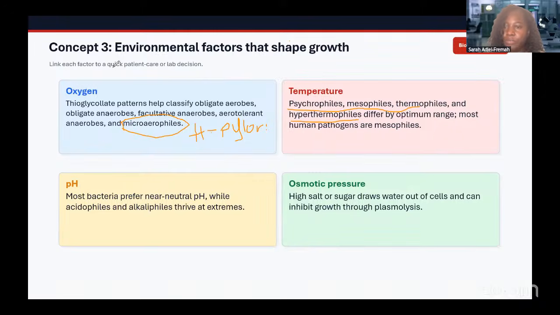Mesophiles. Now, mesophiles means they have to have close to our body temperature range. So another review question: what is the temperature condition range for mesophiles? Because mesophiles are aligning with humans, human pathogens are typically mesophiles. But what would you say would be the exact temperature condition range for mesophiles?